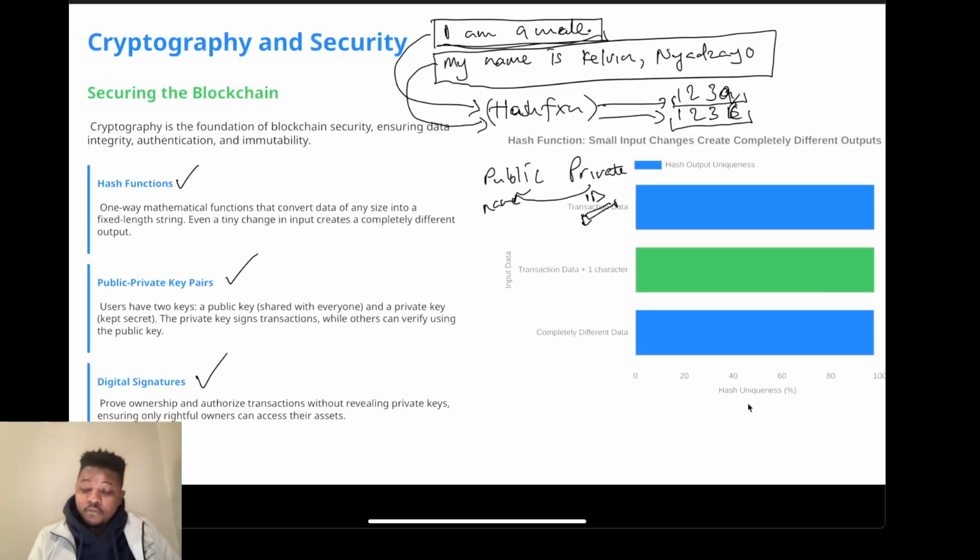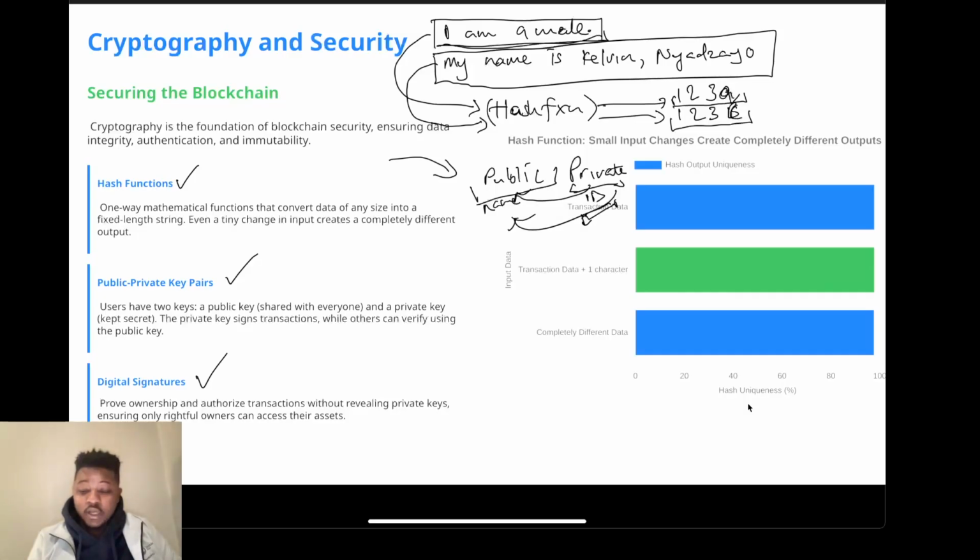The public key is what you use to interact and be identified on the blockchain, so people know that it's you. With your private key, you can sign anything on the blockchain using your public key, because the private key is how you identify your public key.